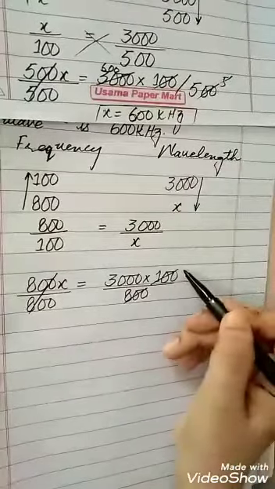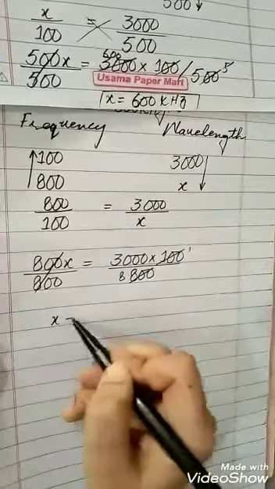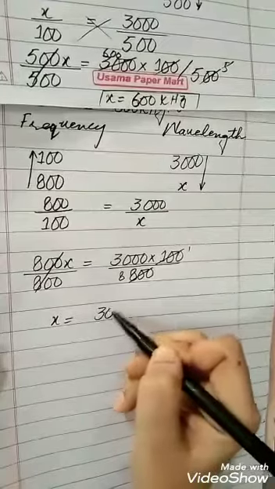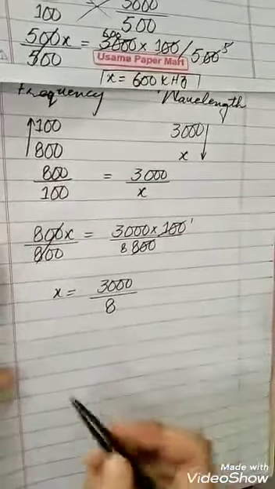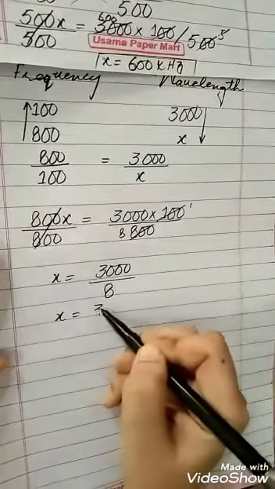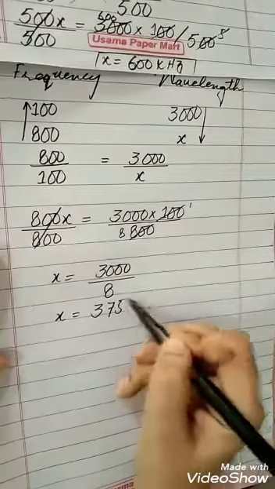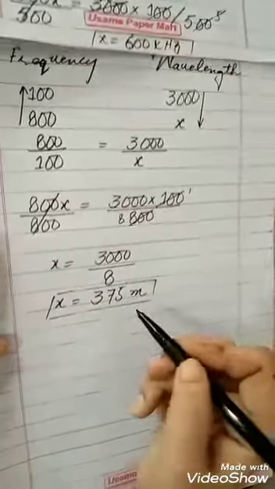We can cut 100 one time and 800 eight times. So x is equal to 3000 divided by 8. After dividing, we got x is equal to 375 meter. It is the wavelength.